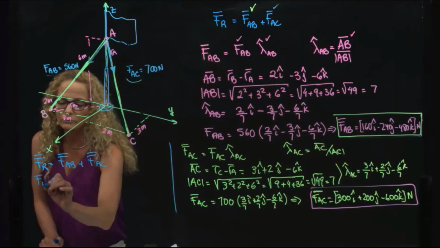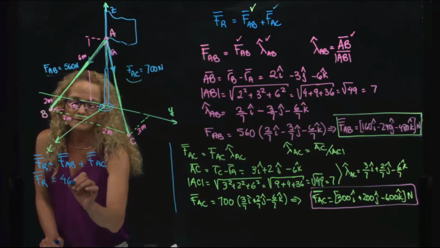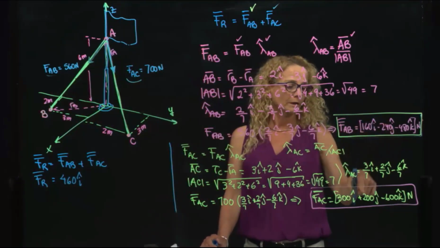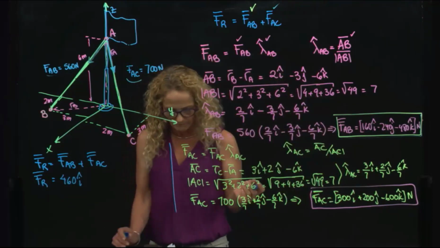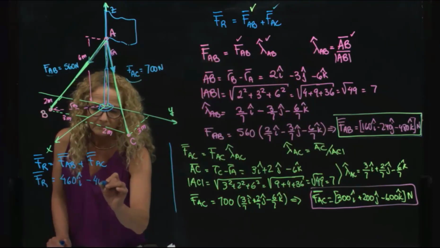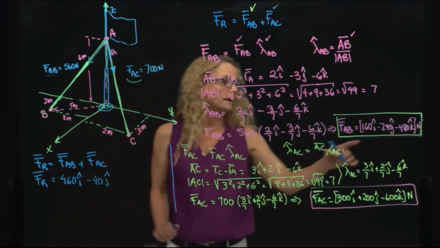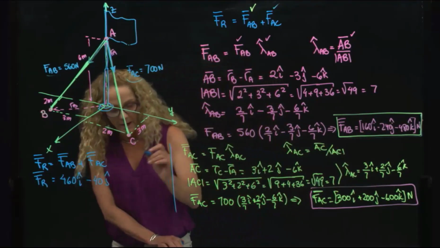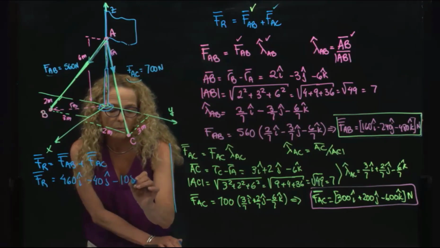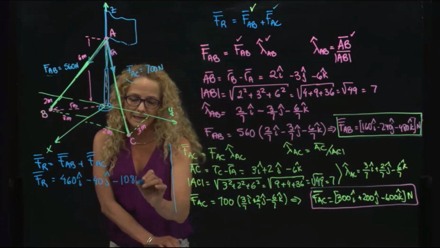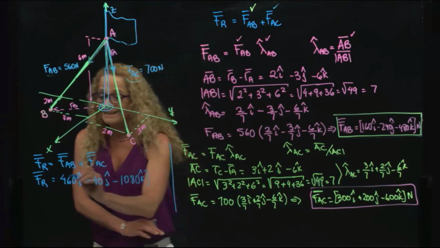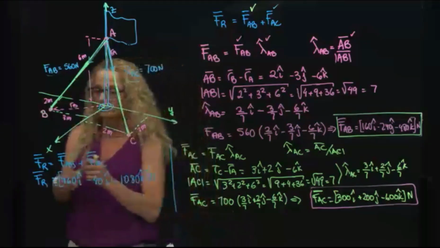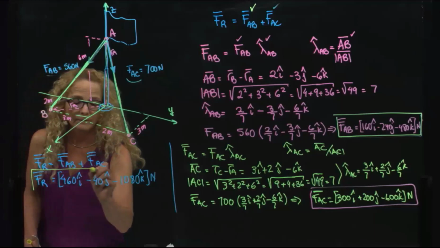So that will be equal to 460 in i. Then I have negative 240 plus 200, it must be negative 40. And then I have 400, these two add together for negative 1080 in k.